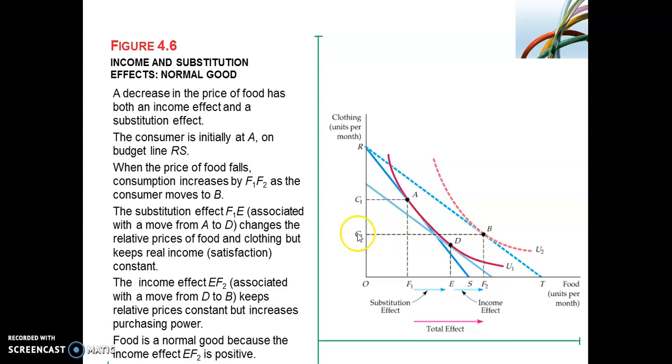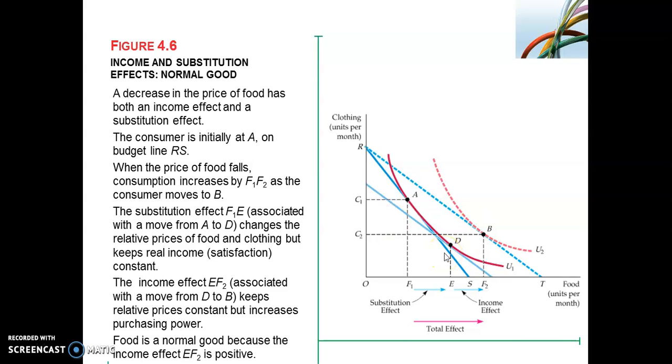So now the combination of clothing is C2 and food is F2. So now the consumer's purchasing power has essentially increased because the price of food has fallen. So now they're able to get more food and clothing, as we can see. Or there's been sort of a rearranging in terms of what that combination of clothing and food would be.